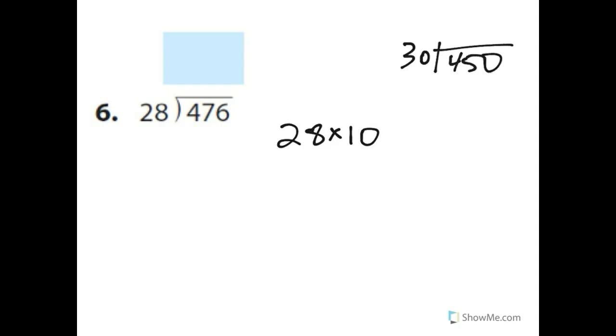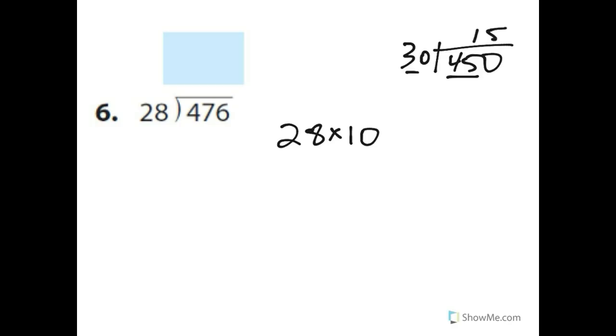Alright, so I'm thinking 28 times 10, because if I do 30 and 450, well, 3 can go into 45 15 times.